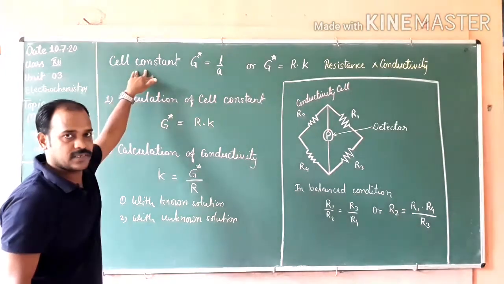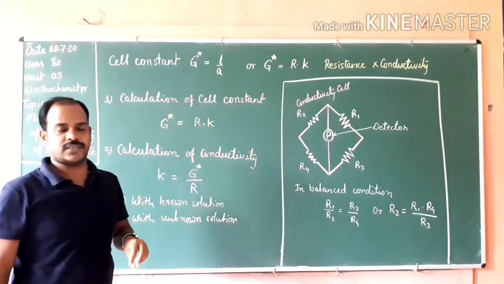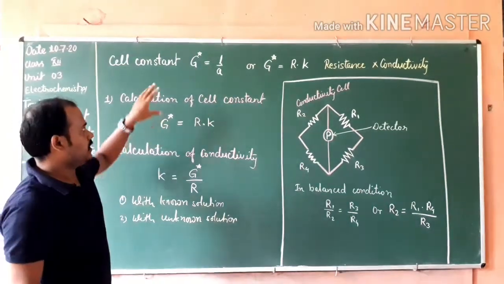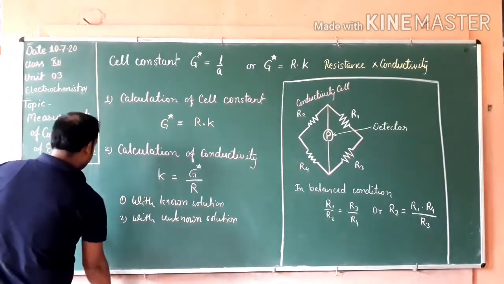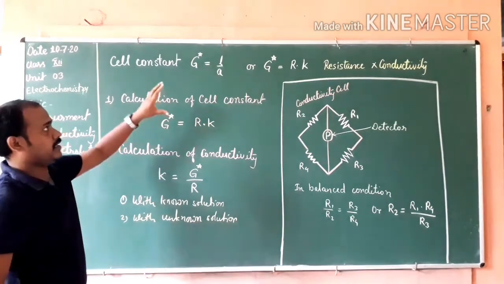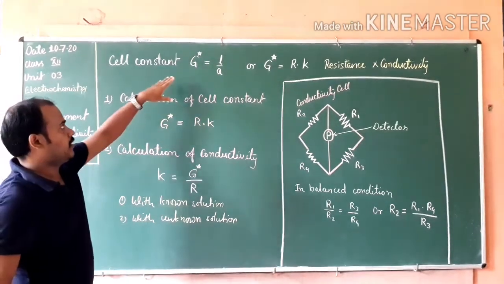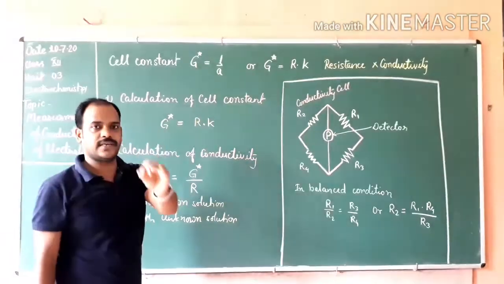What is this cell constant? The cell constant is the ratio of length and area of cross section. Since it is a ratio, in metals we can make the length exactly 1 centimeter and the area of cross section exactly 1 centimeter square.